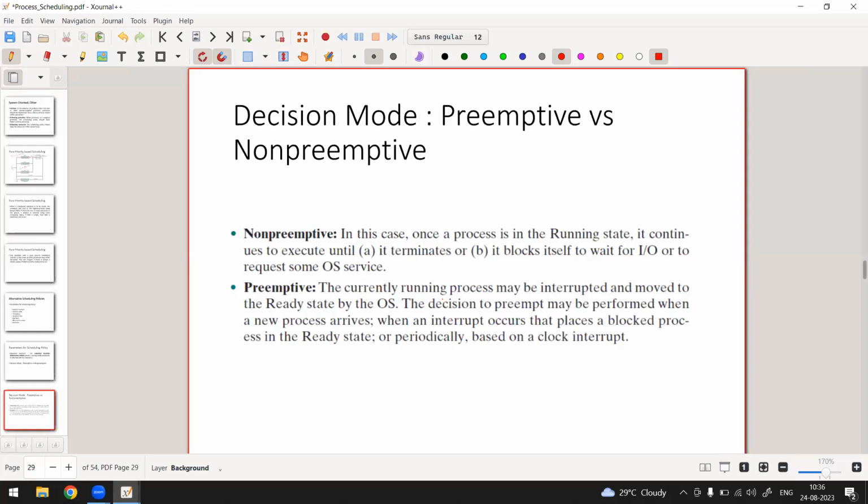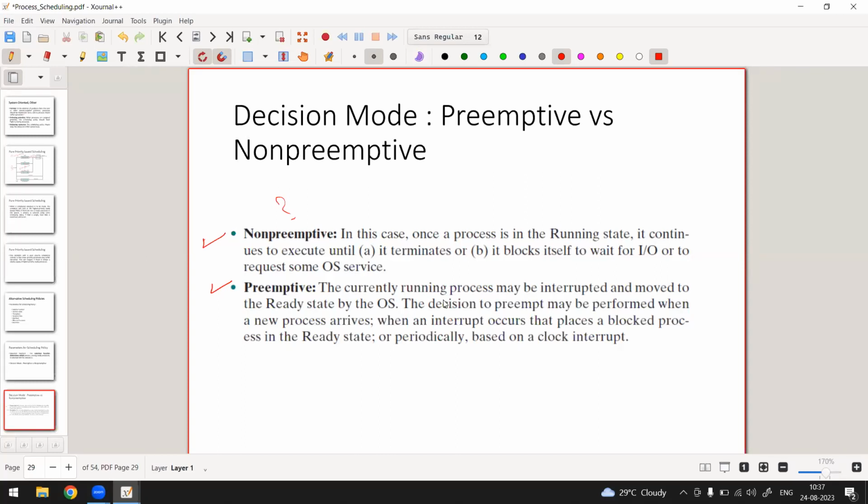Again, we can debate which mode is better, preemptive or non-preemptive. It depends on the overall system structure and the requirements. But in general, we can conclude that the preemptive nature is better because it will prevent problems like starvation and infinite waiting.